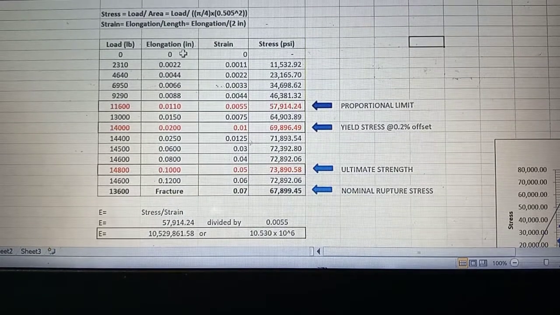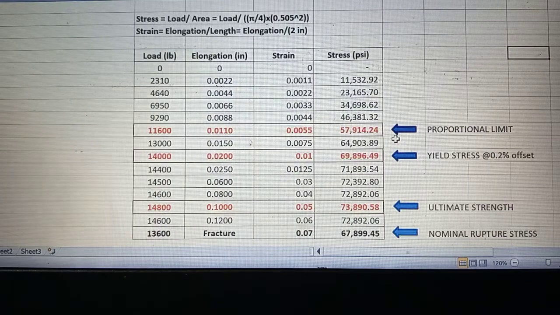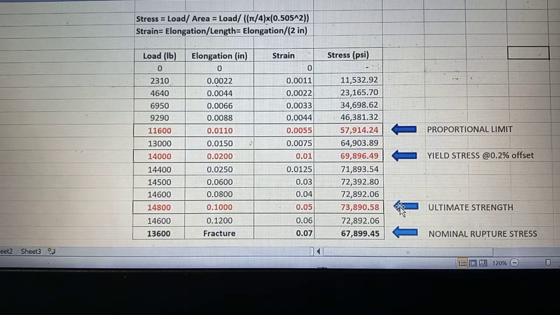Let's zoom in. This is how we do things. First, we define what stress is.